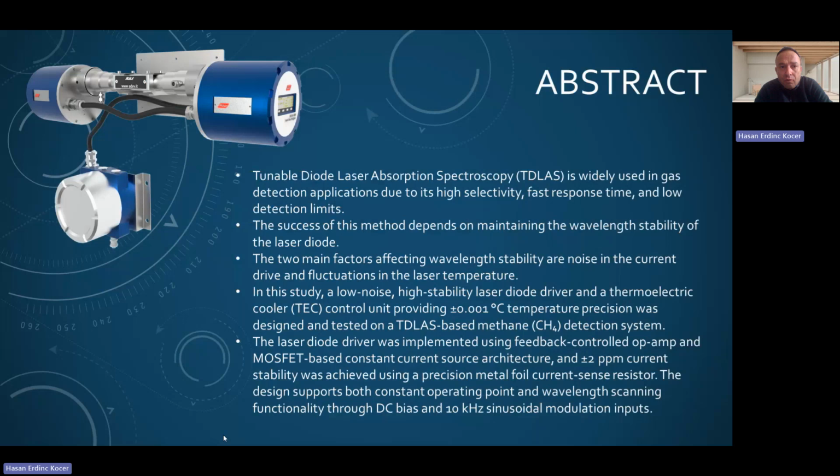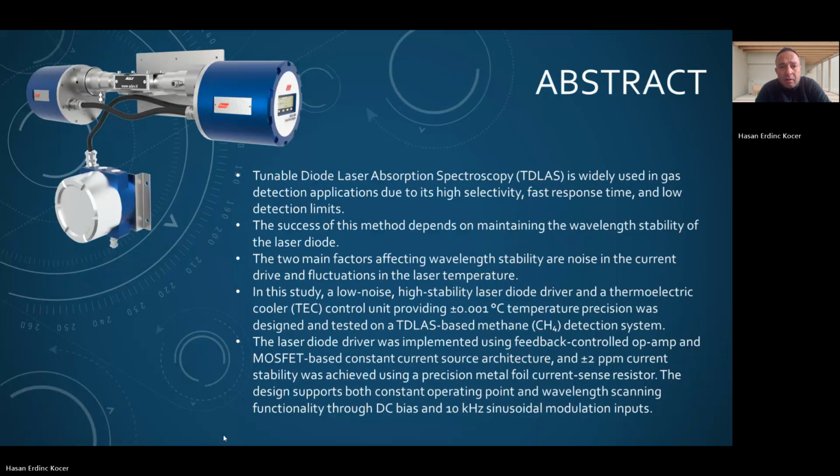First of all, I would like to mention TDLAS, tunable diode laser absorption spectroscopy. It is widely used in gas detection applications. It has high selectivity, fast response time, and low detection limits.